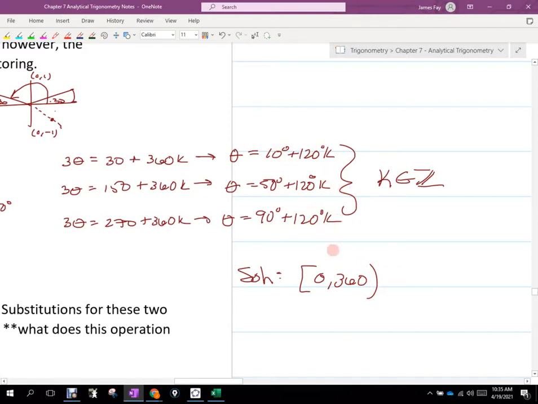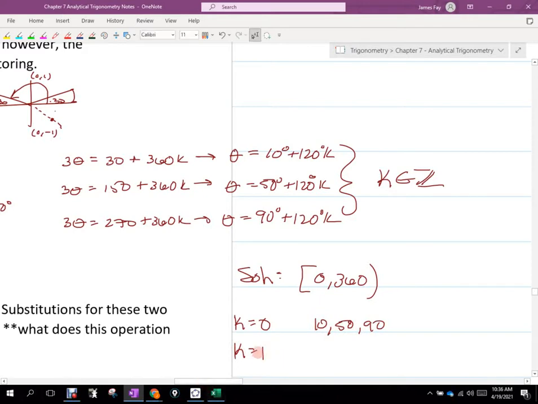Okay, so if we want to go from 0 to 360, then what we do is say, well, what do you get if k is 0? Always start with k being 0. If k is 0, I get these three solutions, 10, 50, and 90. Then I'll let k equal 1.